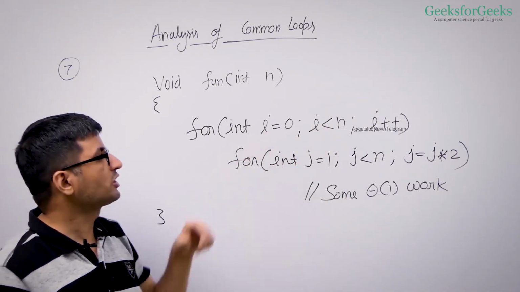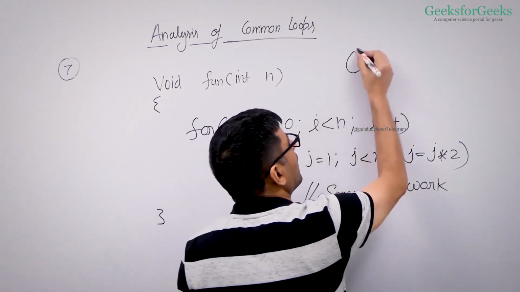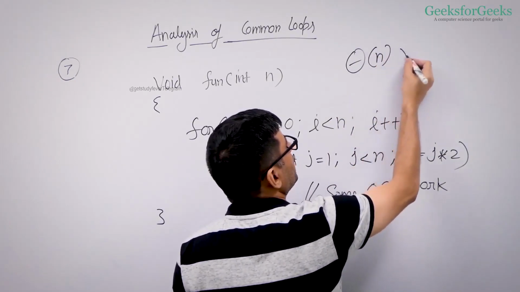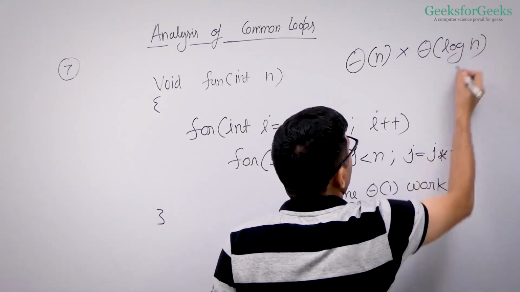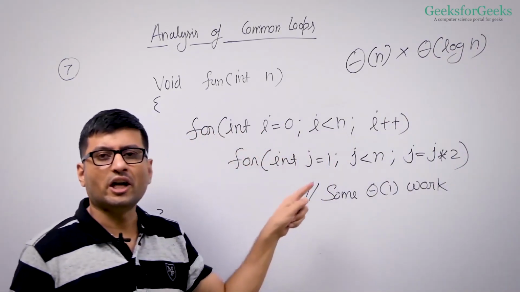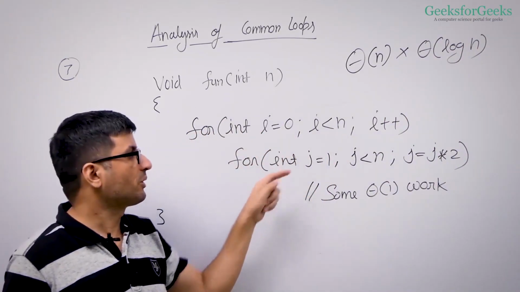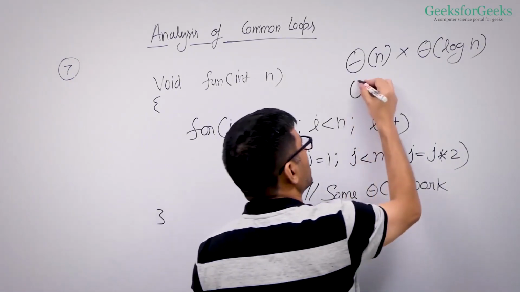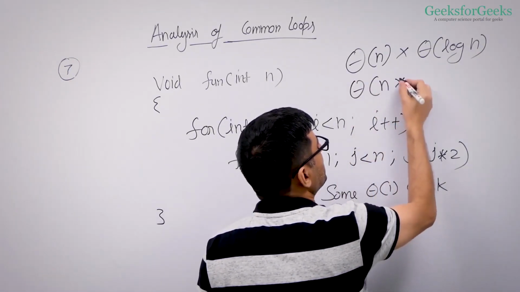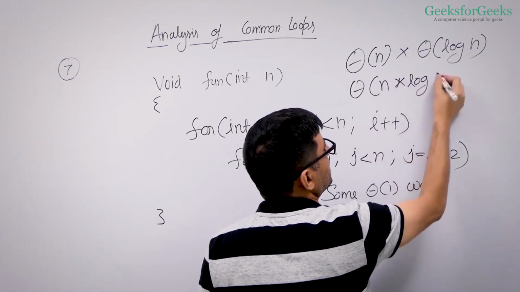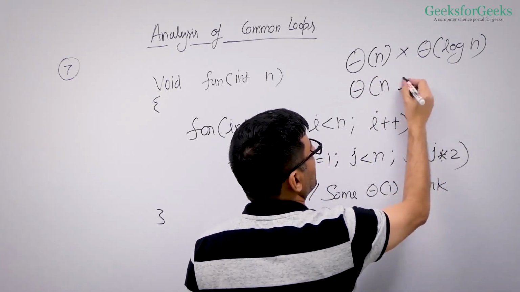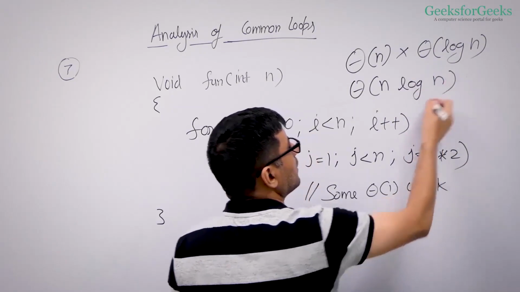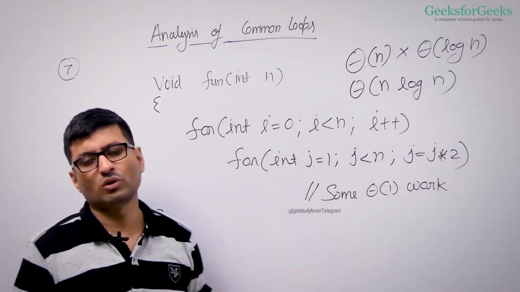This loop grows theta n times and the inner loop grows theta log n times. We can say that the time complexity of this particular function is theta n log n. In theta notation, we can bring this multiplication sign inside, so we say it's theta n log n. That's the time complexity of this whole function.